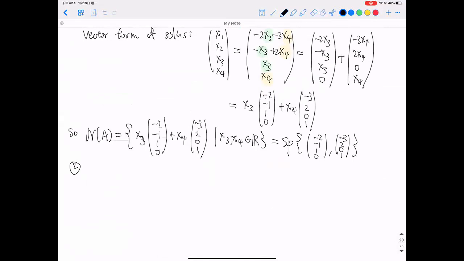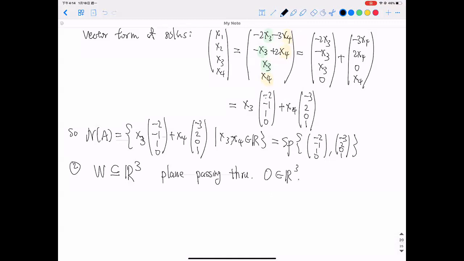Now, consider another example. Let's say W in R3 is a plane passing through the origin in R3.